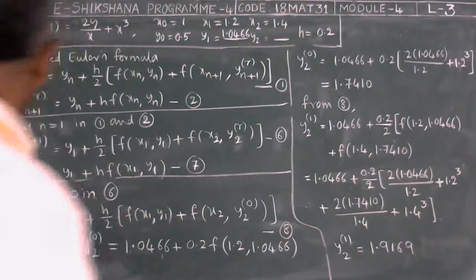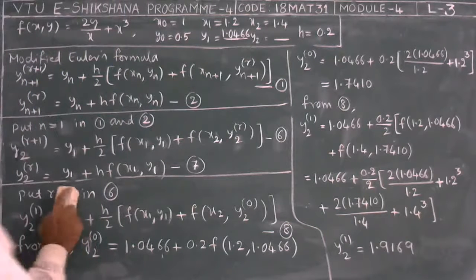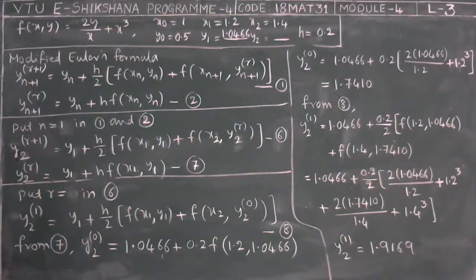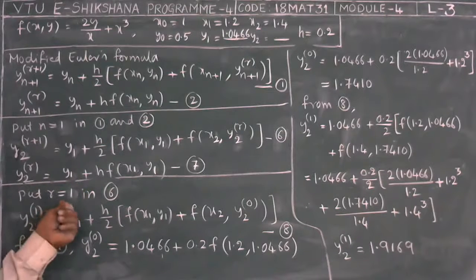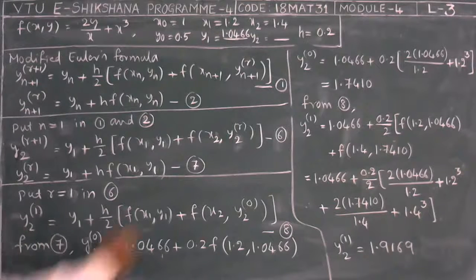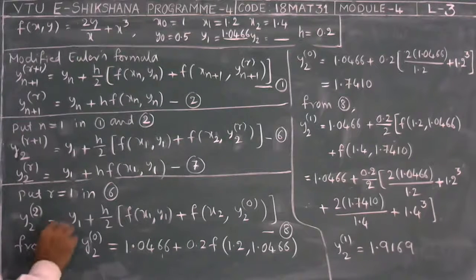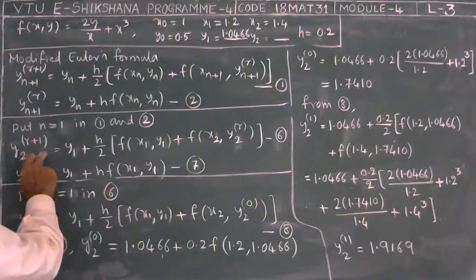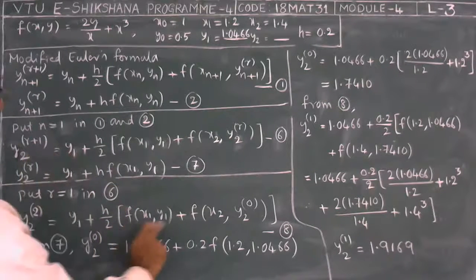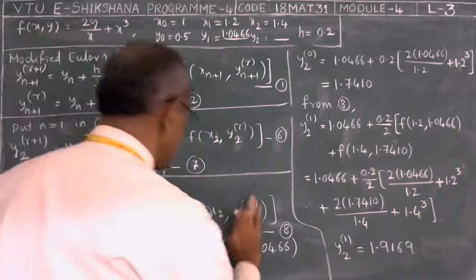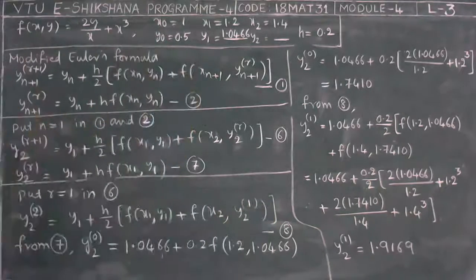Now to get the second iterative value, I have to fix r equal to 1 in 6. Put r equal to 1 in 6 to get y2 (2), since 1 plus 1 is 2. We are changing only r, so everything else remains the same.